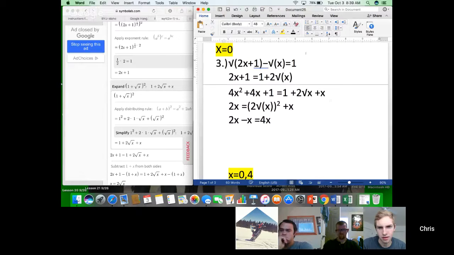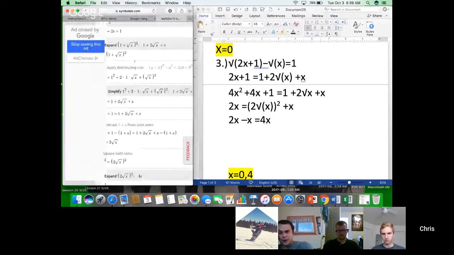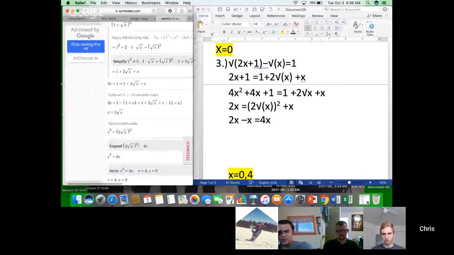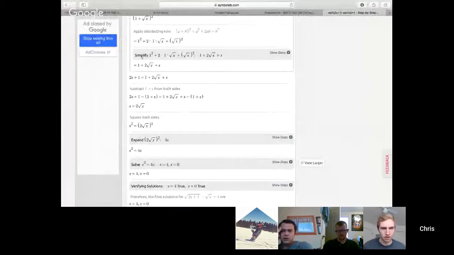Plus x, right? Yeah, so square this and expand this. Got it. But why would you expand that rather than just squaring it and taking away the square root? Yeah, you don't expand the left side.